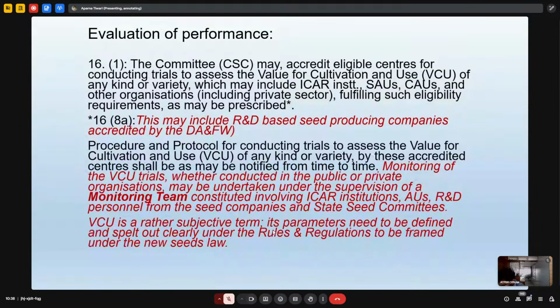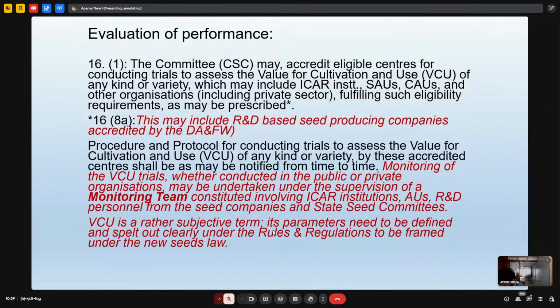Now, here I propose, as I said, that I am also keeping some of the suggestions which emerged out of the national consultation organized by the National Academy, that such monitoring may be proposed for generating more confidence in the public mind.